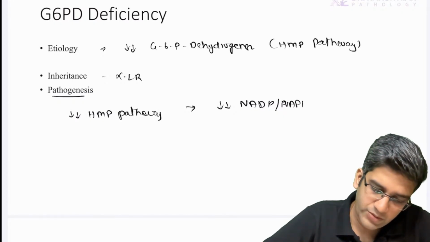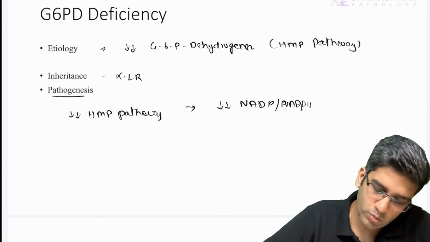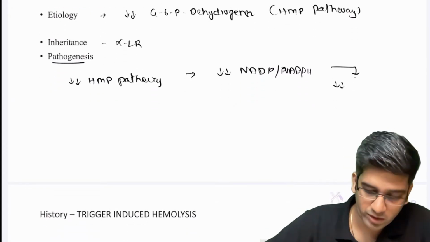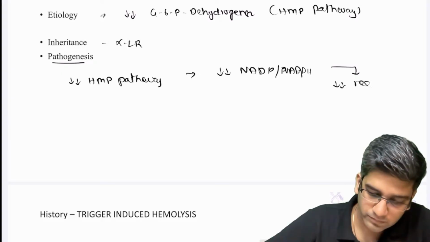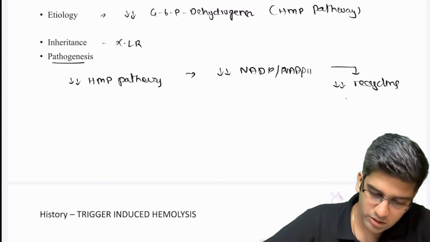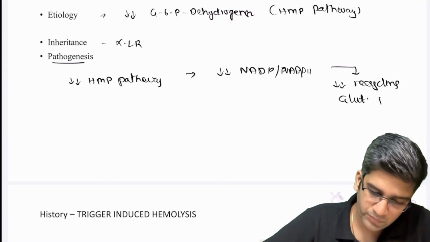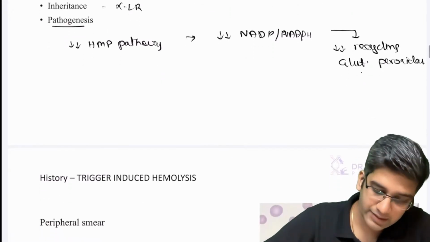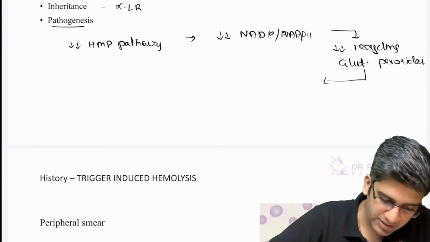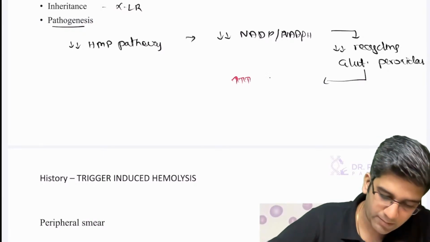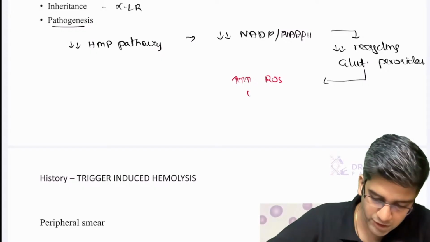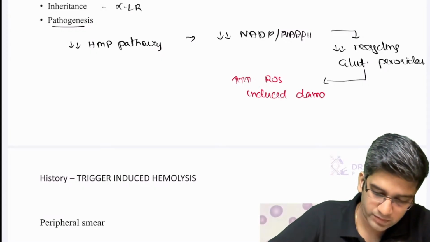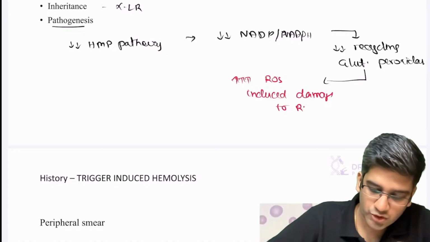Because of this, there will be reduced recycling of the most important enzyme, your glutathione peroxidase. When my glutathione peroxidase is not being recycled properly, the primary problem is an excess amount of reactive oxygen species induced damage to RBCs. That's all the problem here, right?